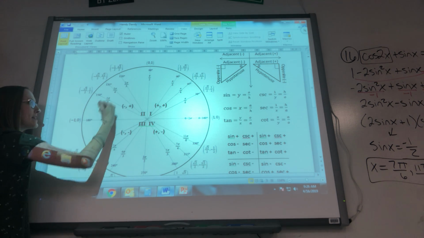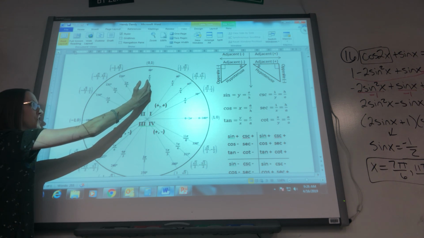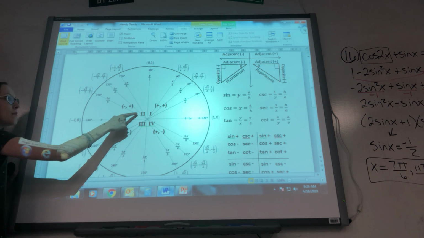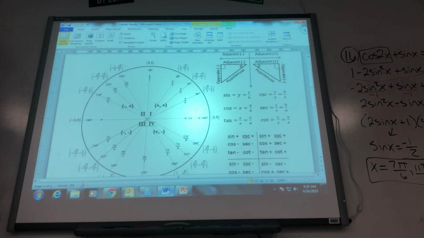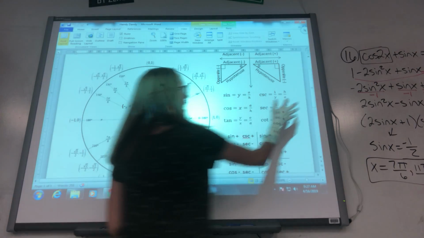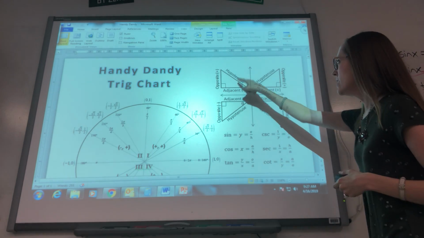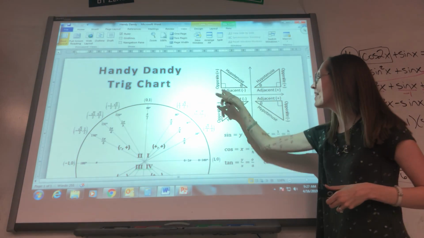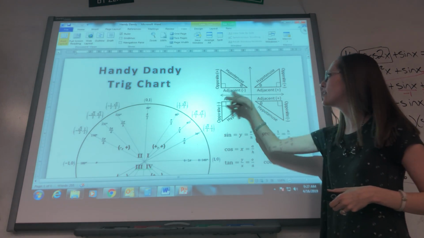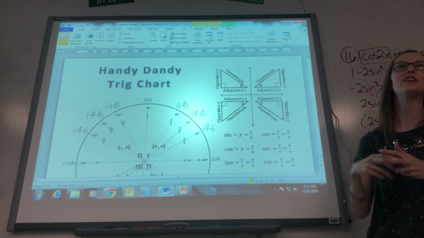That means that we are in quadrant 2. And the reason I want to know that is so I can construct my triangle like this. This is what it should look like if I'm in quadrant 2.